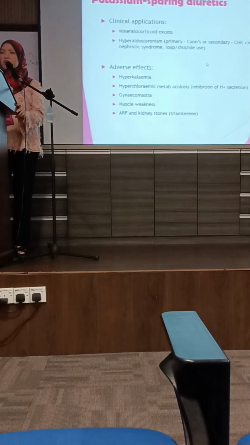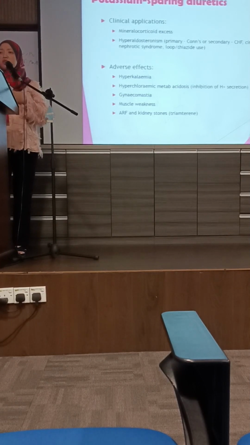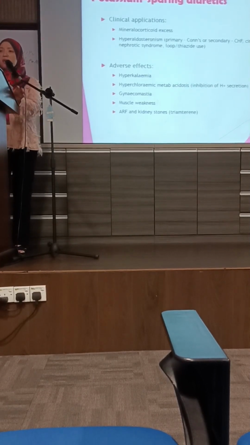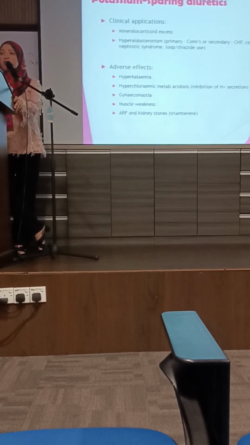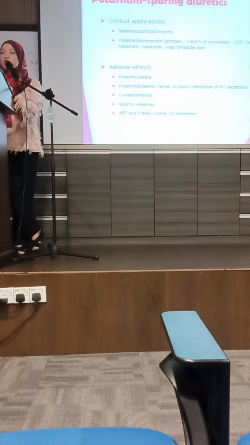Okay. Clinical uses of potassium sparing diuretics: they can treat mineralocorticoid excess and hyperaldosteronism, when the patient has too much or too active aldosterone. For example, in patients with Crohn's disease, cirrhosis, nephrotic syndrome.